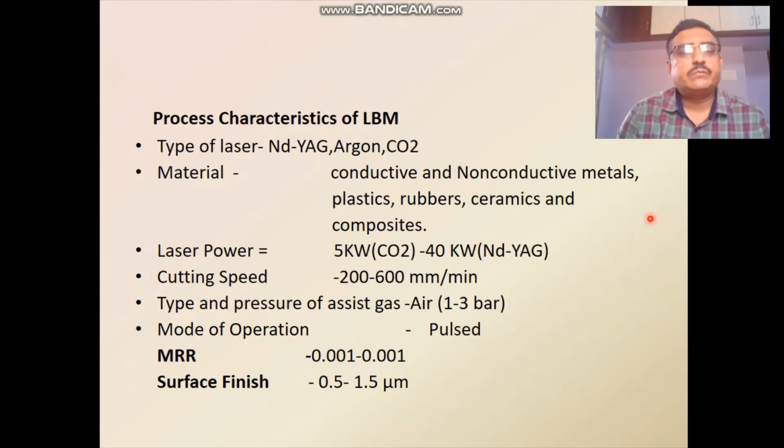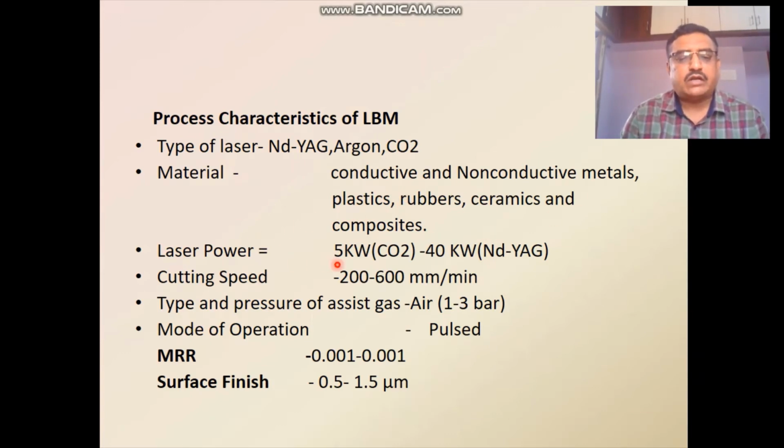Now, there are some process parameters for this LBM process. There are two types of lasers: one is Nd:YAG and another is CO2 laser. Whatever the workpiece material, it may be conductive or non-conductive also, like plastic, rubber, ceramic or some composites.